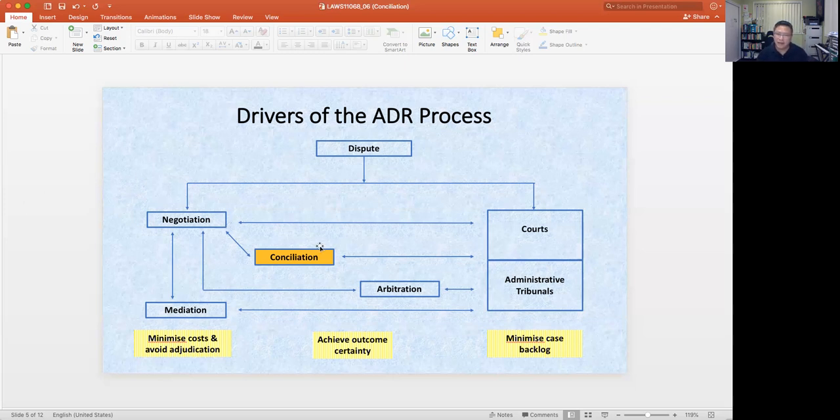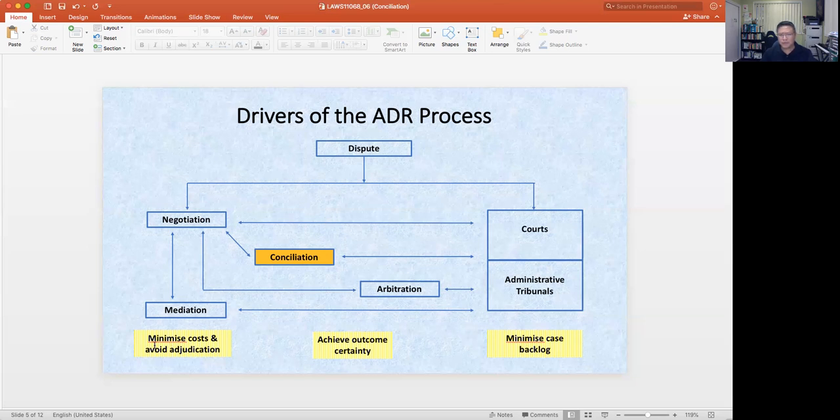But if they give it to a neutral third party who's an expert about the law, for example the conciliator, the conciliator provides the parties objective advice about how a judge or a tribunal member may resolve a dispute. So that almost becomes a reality check.